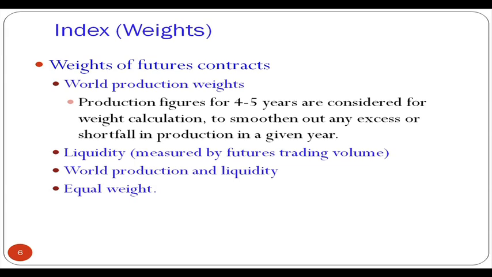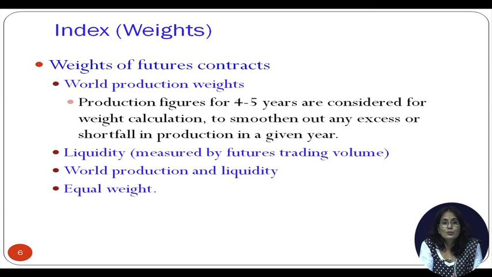Now the second aspect of decision which the index advisory committee has to take is with respect to the weights of the futures contracts. Let's say the Index Advisory Committee decides that the crude oil futures contract is definitely going to be part of an index.